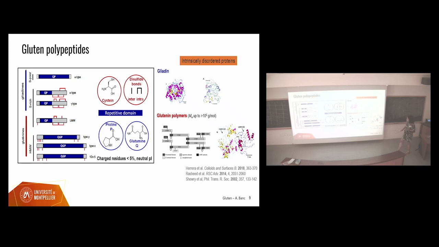And as a consequence, this protein cannot be crystallized. They form intrinsically disordered proteins. You cannot get their structure experimentally, and that's why we only have modelization of the structure of this protein with this part which represent disordered part of the sequence.